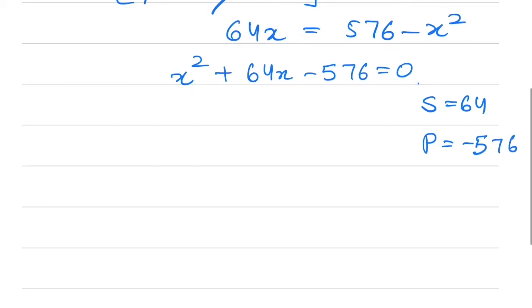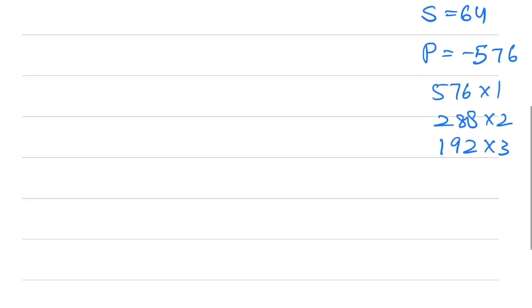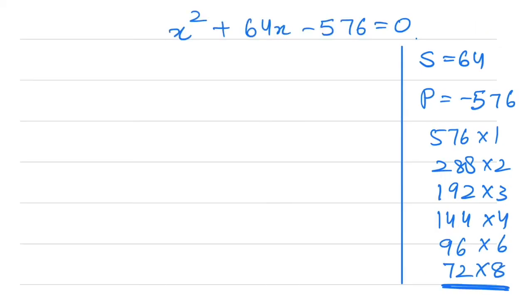So let's find out the factors of 576. 288 into 2, then 192 into 3, then 144 into 4, then 6 times 96, and 8 times 72. We can take plus 72 and minus 8.